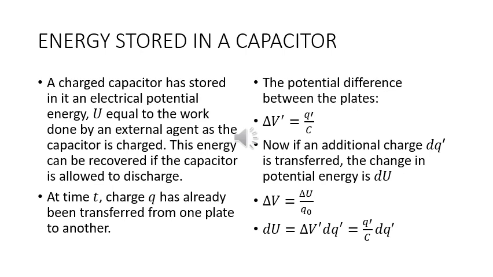At a time t, the charge q prime has already been transferred from one plate to another. The potential difference between the plates is given by delta V prime equal to q prime by C. Now if an additional charge dq prime is transferred, the change in potential energy is dU. So delta V is equal to delta U upon q naught. So dU is equal to delta V prime dq prime, which is equal to q prime by C dq prime.